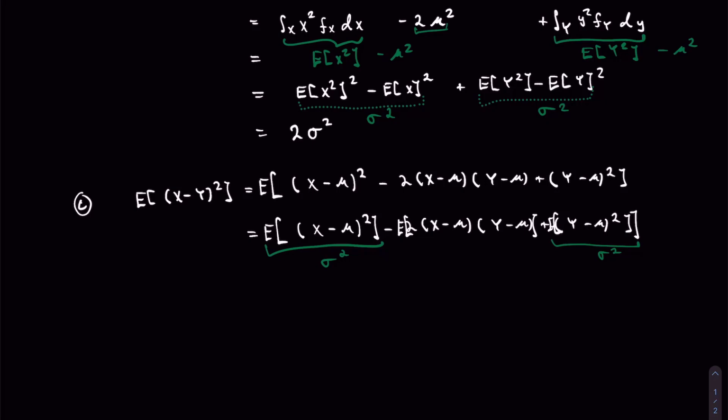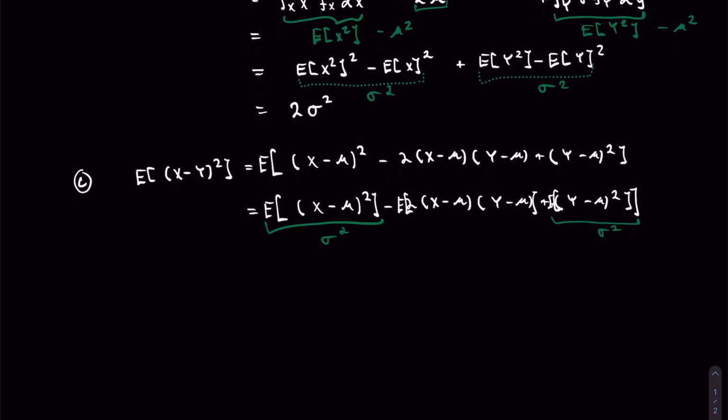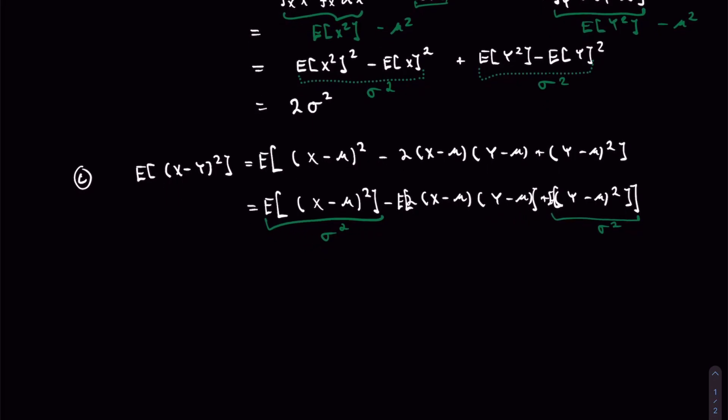But what is going on with the middle term here? Well, because these x and y are independent, we can basically just use the fact that you have 2 expectations here. It's basically linearity multiplied, and this only works when x and y are independent.